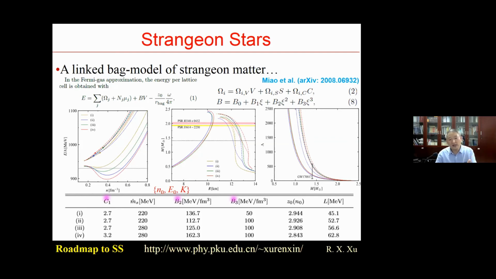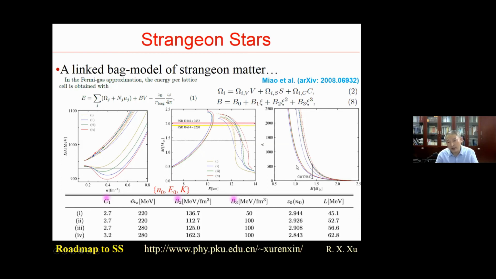Then we extend this model to 3 flavors, and finally we show that Strangeon matter could be more stable. This is for 2 flavors, and this is for 3 flavors. It could be more stable, and we can also calculate the mass-radius curves for Strangeon matter with 3 flavors and nuclear matter with 2 flavors, and also calculate the lambda 1.4 tidal deformability.